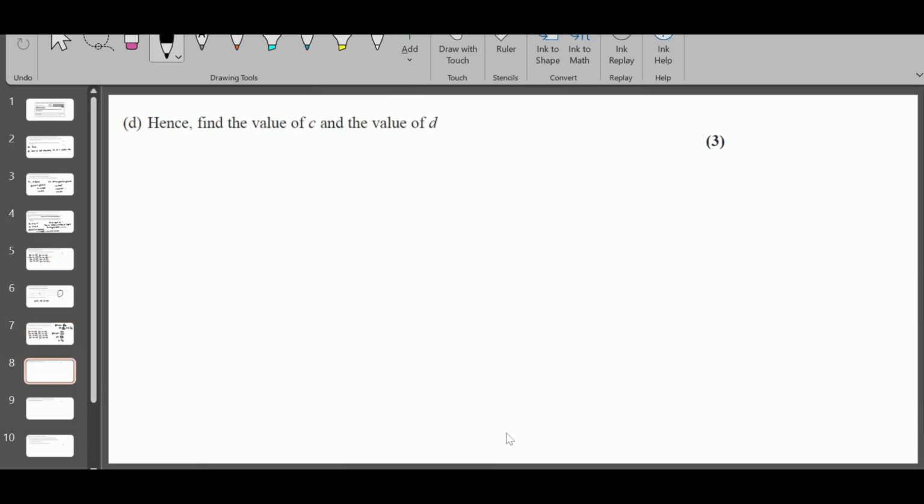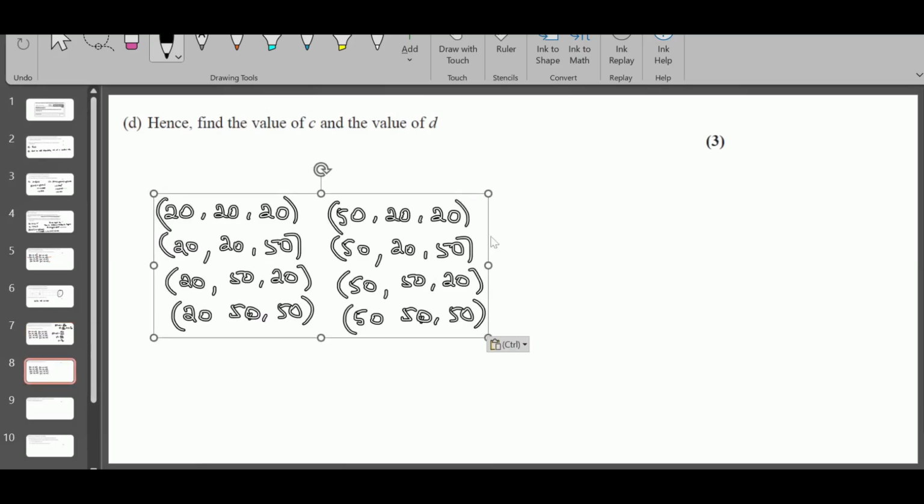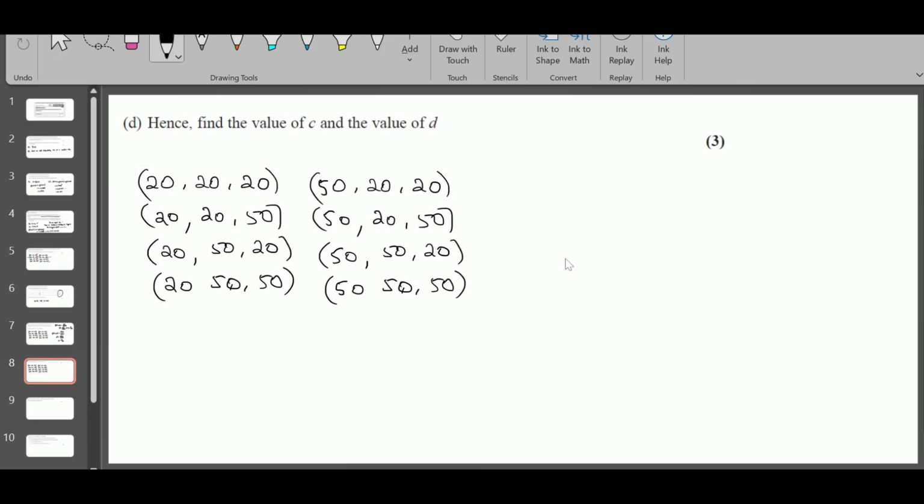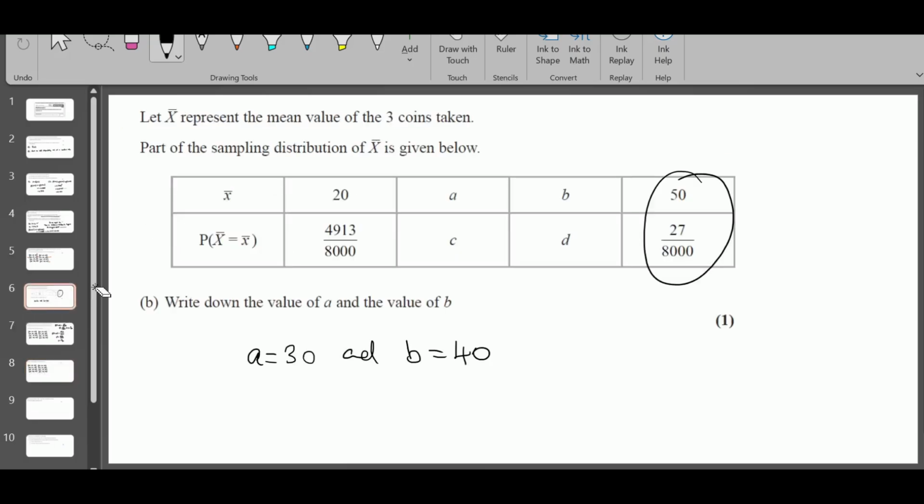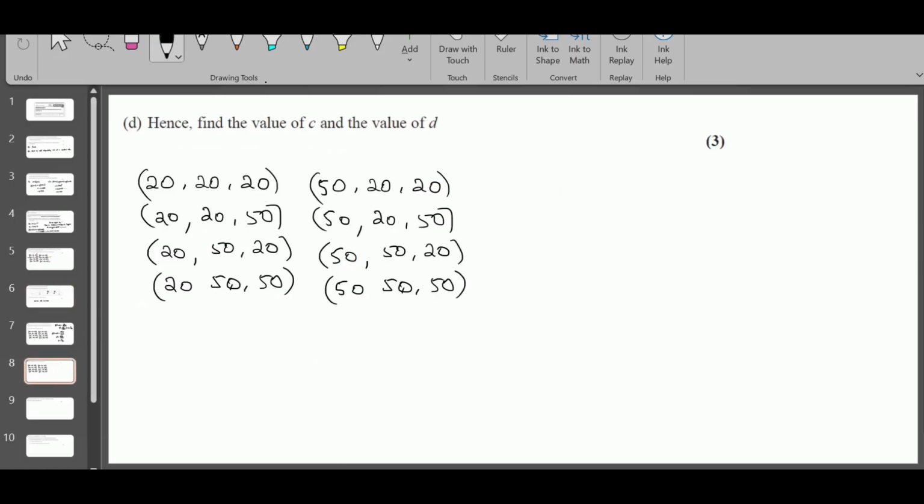Find the value of C and D now. I'm going to put all the combinations here. So what is C? Look at the table. C is the probability corresponding to 30. D is the probability corresponding to 40, right? So we need to find P of X bar equal to 30 using these combinations.